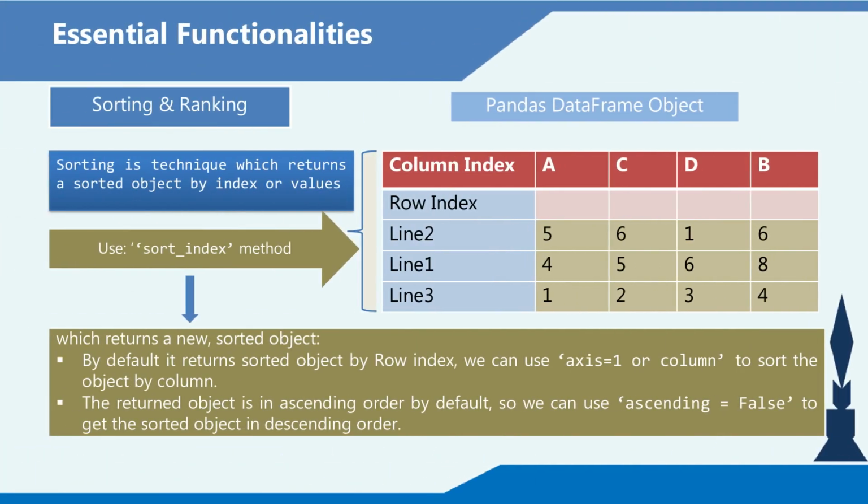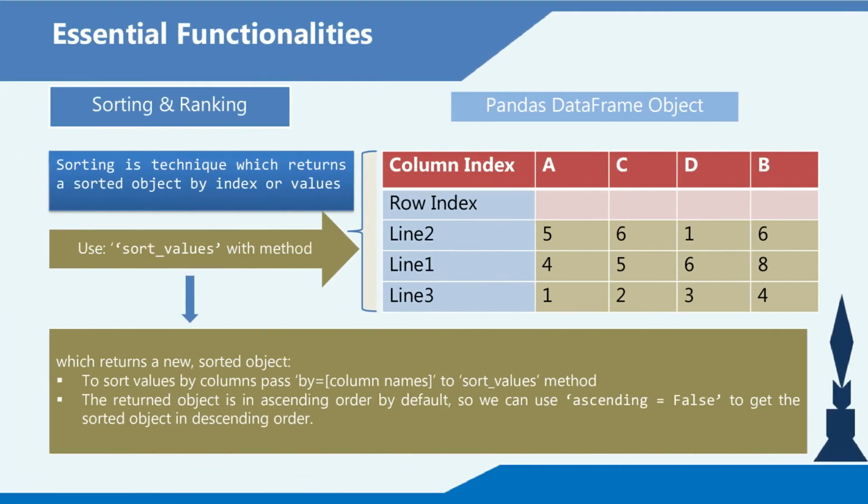By default, it returns the sorted object by row index, but we can pass axis equal to 1 or columns to sort along the column index or axis. The data is sorted in ascending order by default, but can be sorted in descending order using the parameter ascending equal to False. By default, it is set to True.